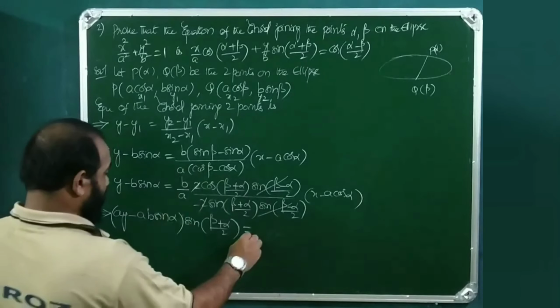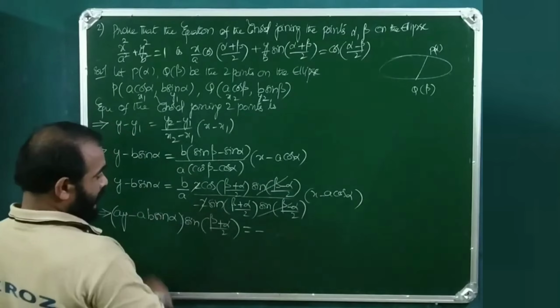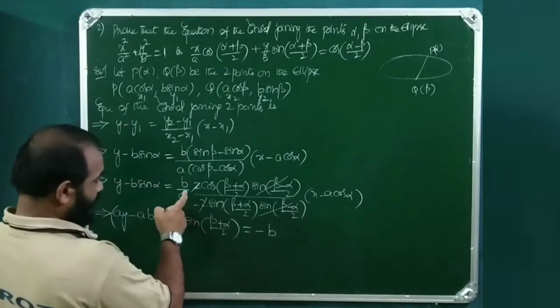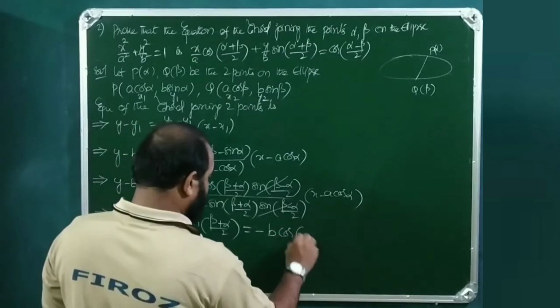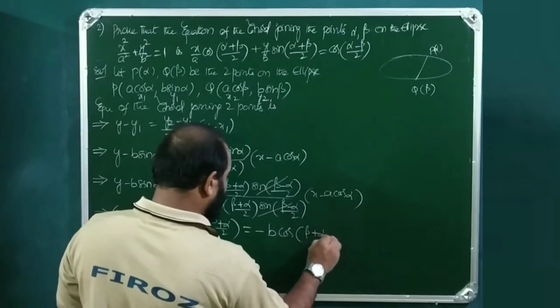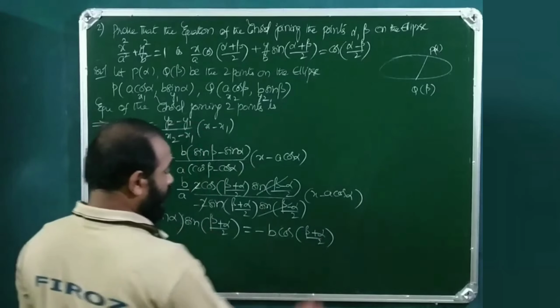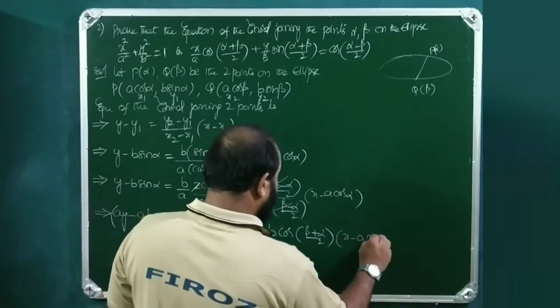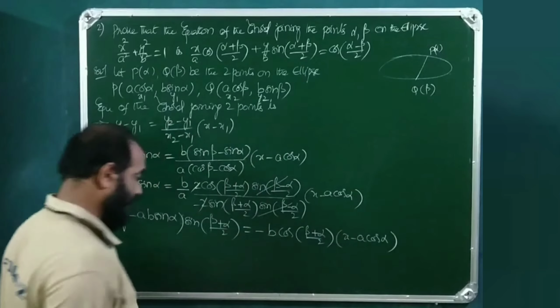So this is minus b cos (beta plus alpha) by 2 into x minus a cos alpha.